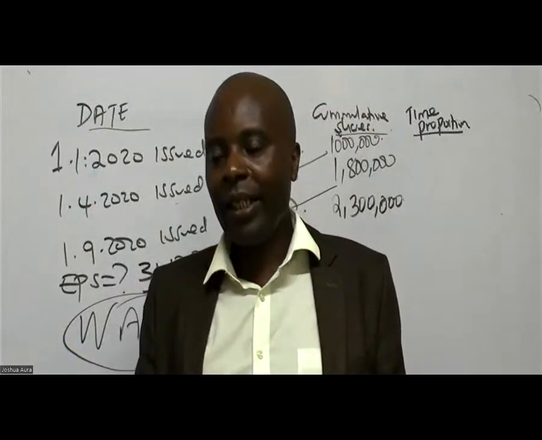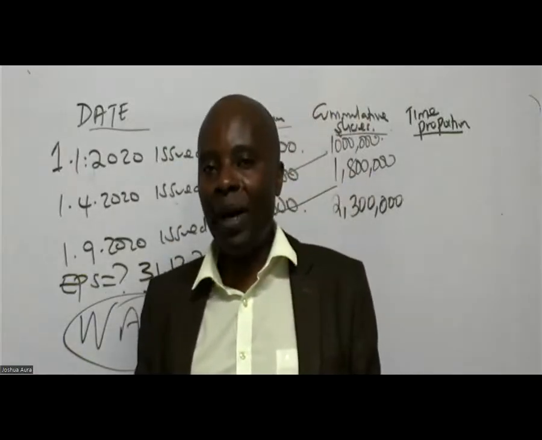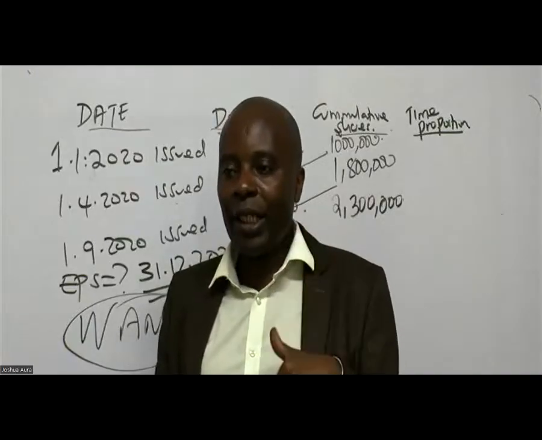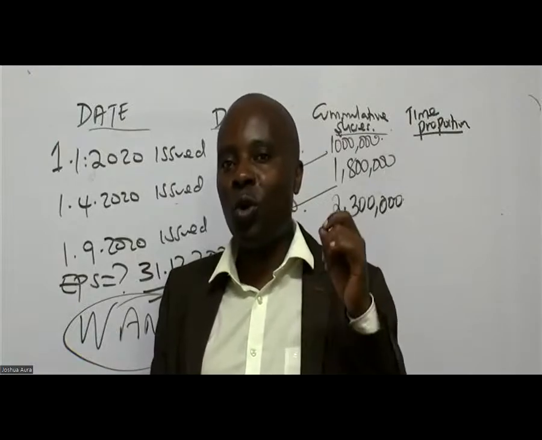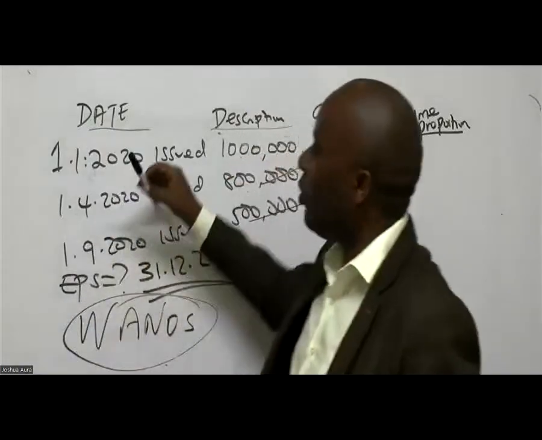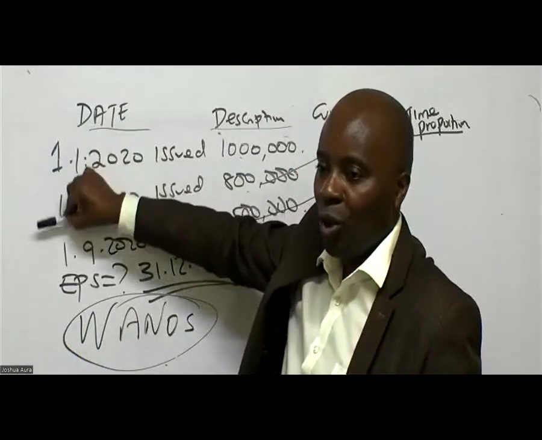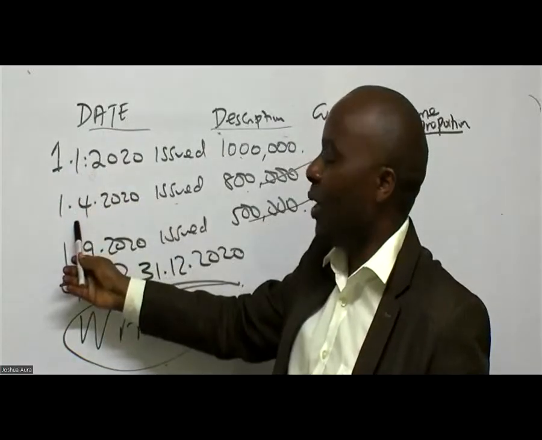Now from there, ladies and gentlemen, I would want us to count the number of months, of which there are 2 ways. The way that I would recommend is counting the number of months between the 2 transactional dates, from 1st of January to 1st of April.